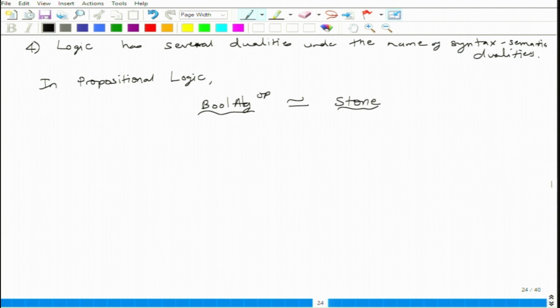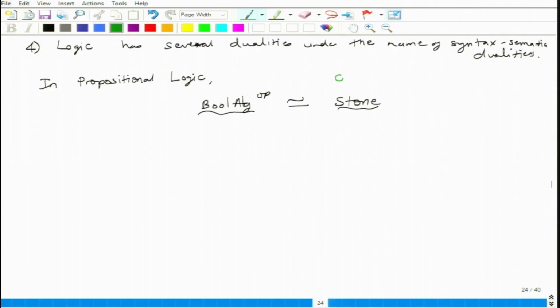So what are these? Boolean algebras are generalizations of power sets where you have union, intersection, complement, and least element, highest element. Stone spaces are compact Hausdorff and totally disconnected spaces.